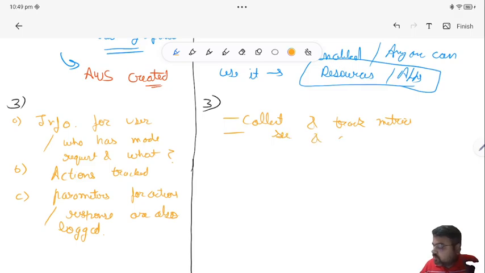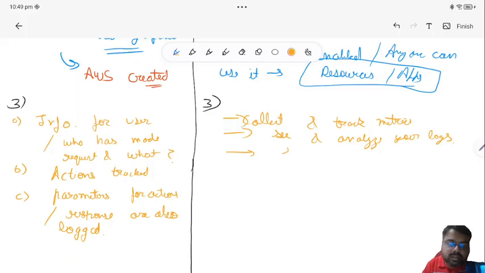You can set alarms, and you can create dashboards of the metrics or the logs. It is not one particular thing that AWS CloudWatch handles. It is a logging tool, and it can also act as a metrics monitoring tool.